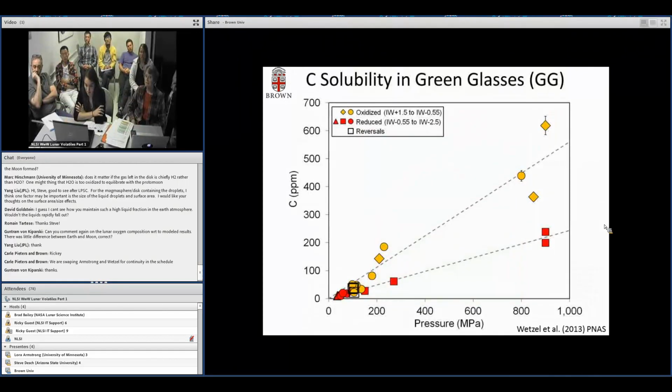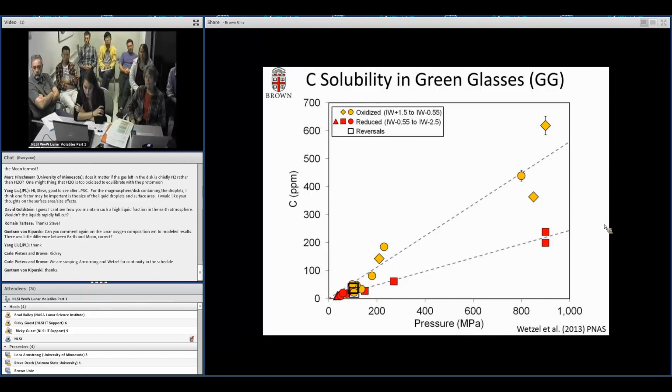Like I said, all of these experiments were done in graphite capsules, so we can look at what the carbon solubility is. You can see this on this plot, which is carbon versus pressure. One thing you will note is that we see 2 different trends for solubility, one for the oxidized melts and one for reduced. At a given pressure, the oxidized melts will dissolve twice as much carbon as the reduced melts.